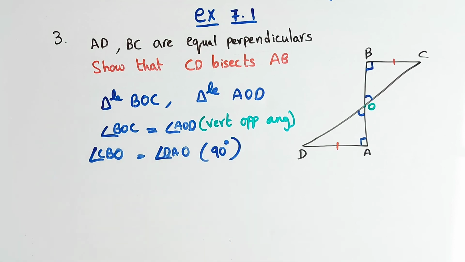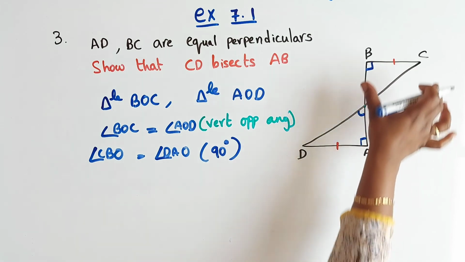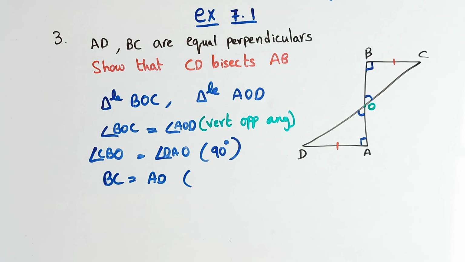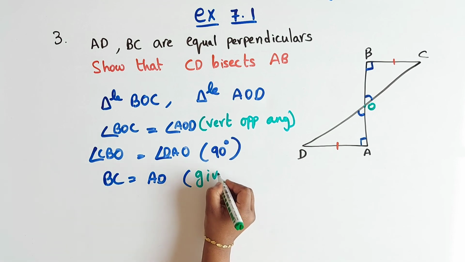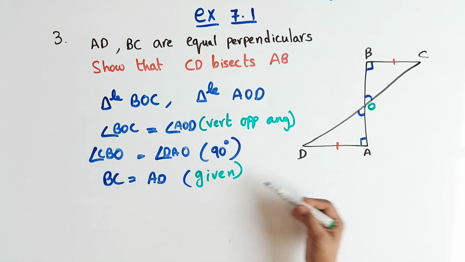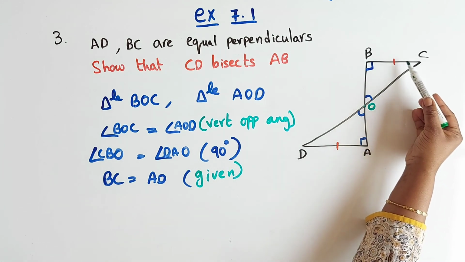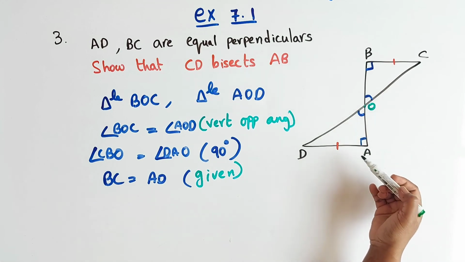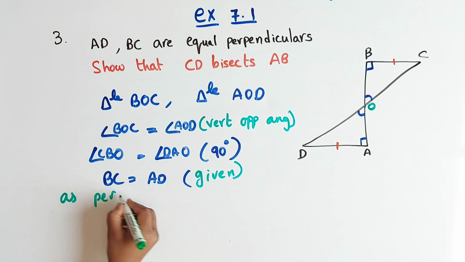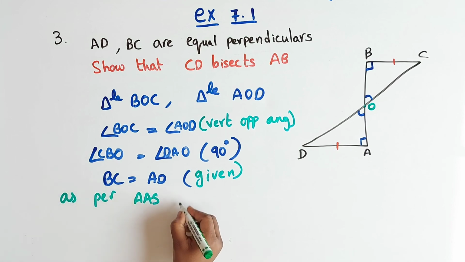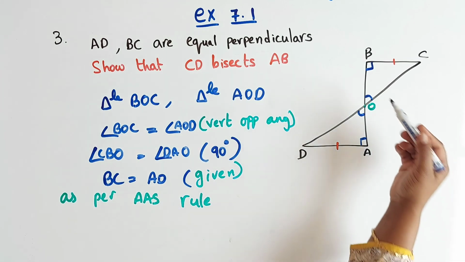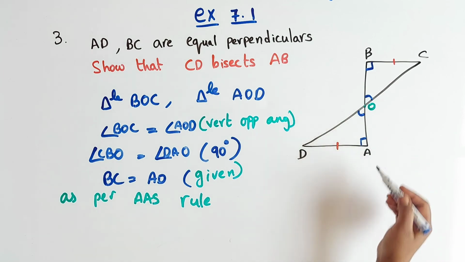Now we can say that BC equal to AD. This is already given, right? What is the reason, children? It is given in the question. Now see here, two angles equal and one side is equal. Here also two angles and one side is equal. So as per AAS rule, we can say that triangle BOC is congruent to triangle AOD.